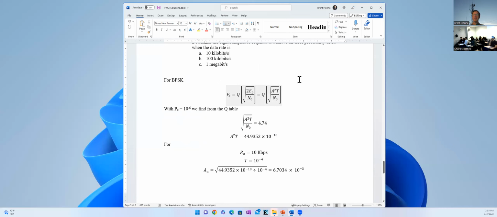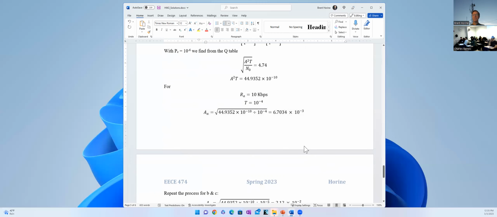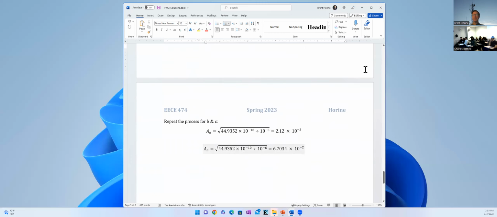Now solve for A. We have this relationship here, we've got that value, and we've got T. So divide by T and take the square root, and you should end up with this value. Just repeat the process for B and C.